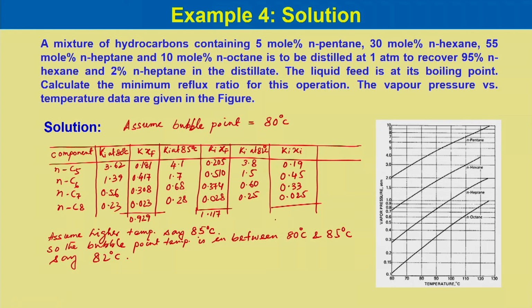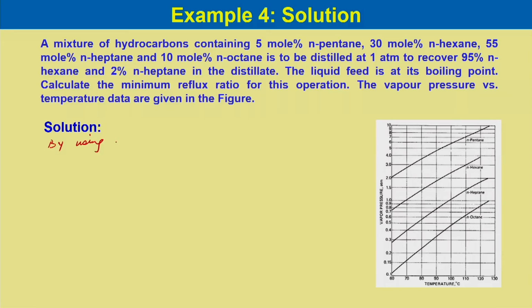So, if we sum them up, it would be 0.995. So, this is close to 1, hence the bubble point temperature would be 82 degree centigrade.